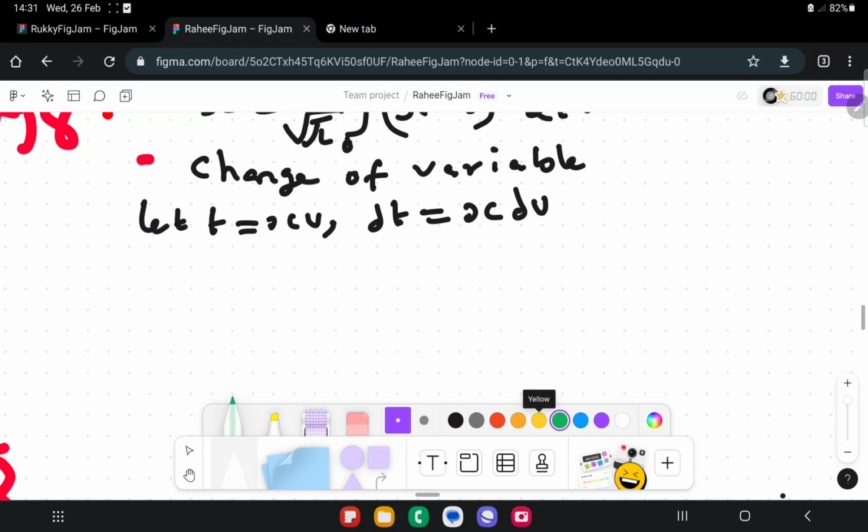So let's go back to our formula. We have the derivative of x squared now equal to 2 over the square root of pi.